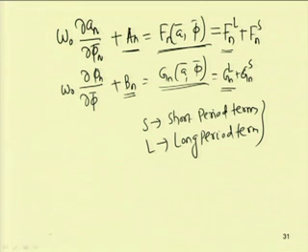If you choose in this way, then these two equations reduce to omega 0 del A n by del phi bar equal to f n short period terms.